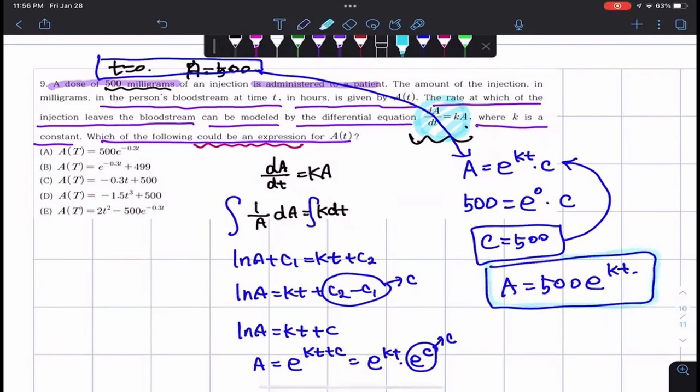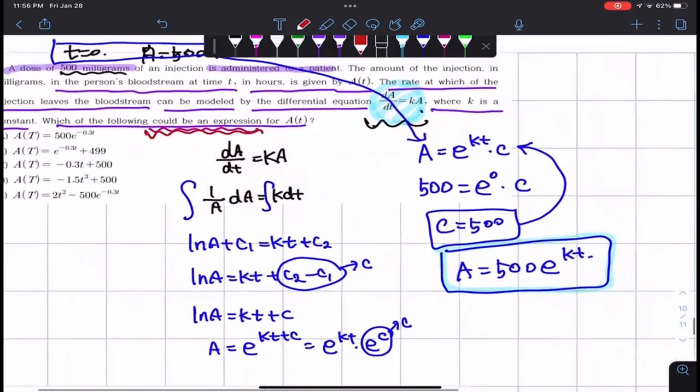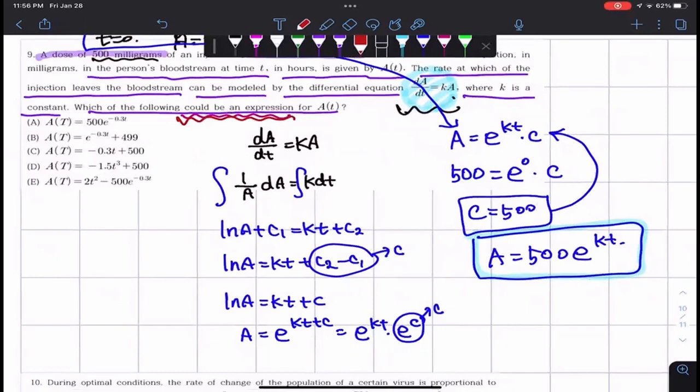But there is another assumption. You check this expression could be an expression for A(t). So it's okay. You find a similar answer compared to the final result. So the answer is A because it says could be an expression.